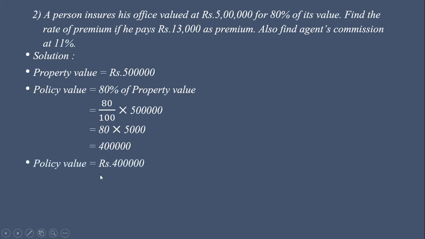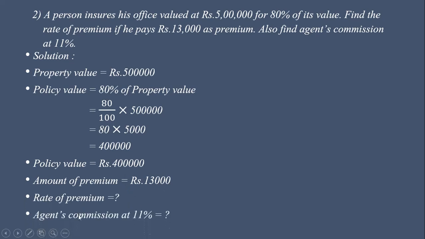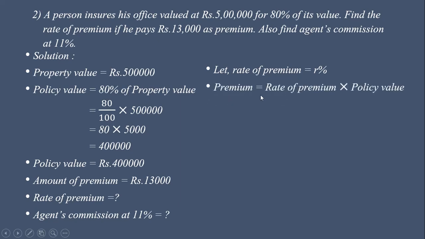So policy value is 4 lakh. Now amount of premium paid, it is rupees 13,000. And we want to find rate of premium and agent's commission at 11%. Now rate of premium, we consider rate of premium is R%. We have this formula, premium is equal to rate of premium into policy value.